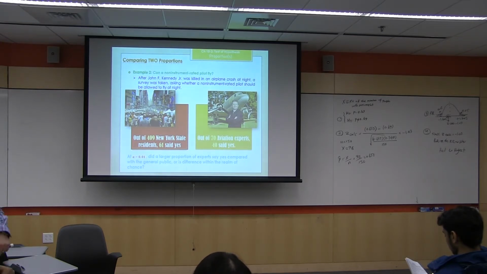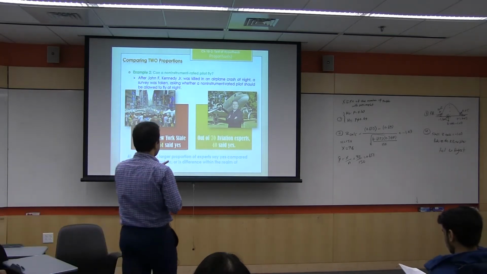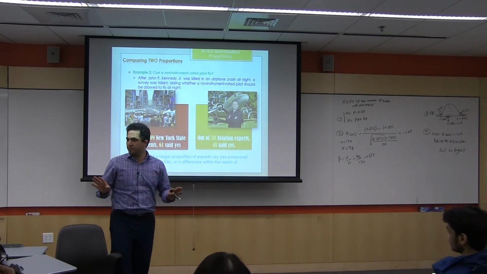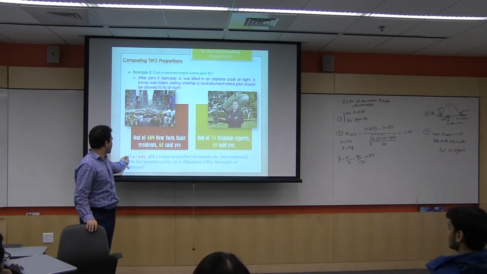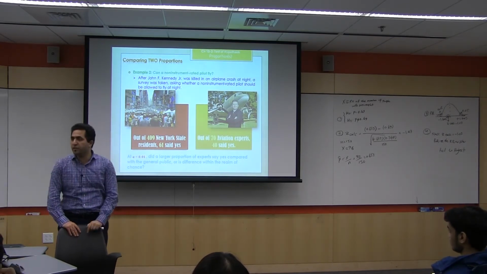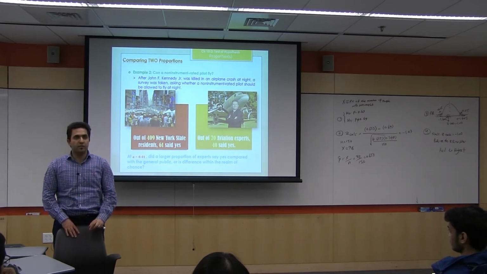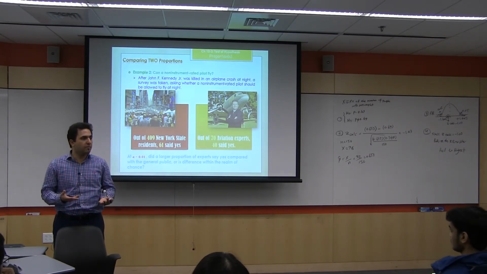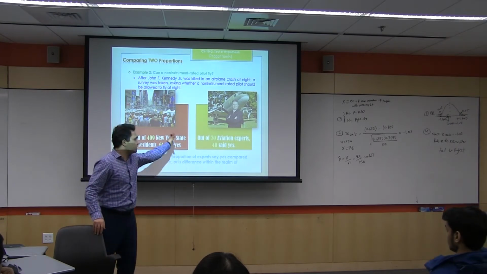Okay, what's the type of the test? I want to see whether we have a larger proportion for experts or not. That's how you say it: at alpha 0.01, did a larger proportion of experts say yes compared to the New York City residents? So this is mu1 being more than mu2, if I say this is 1, this is 2.